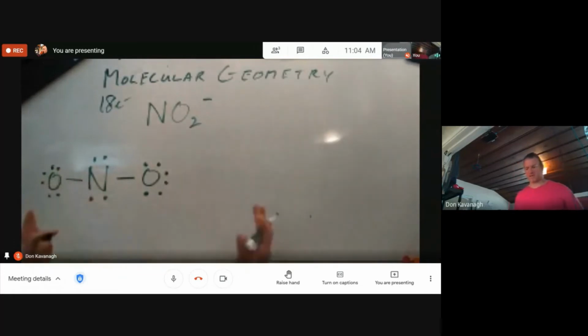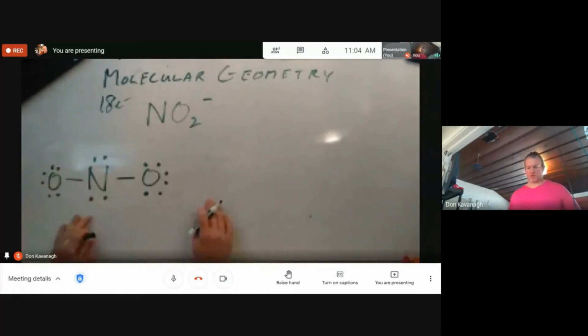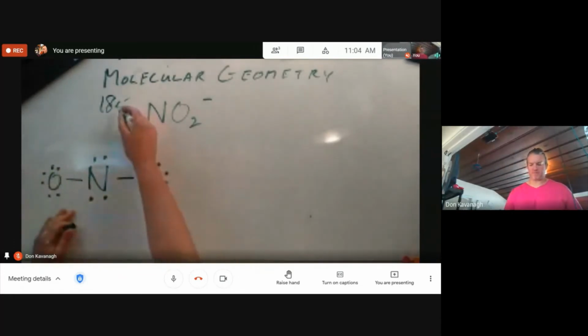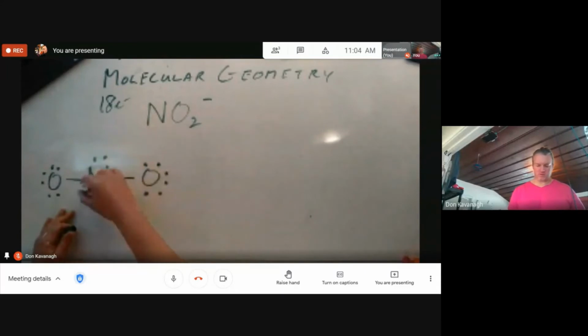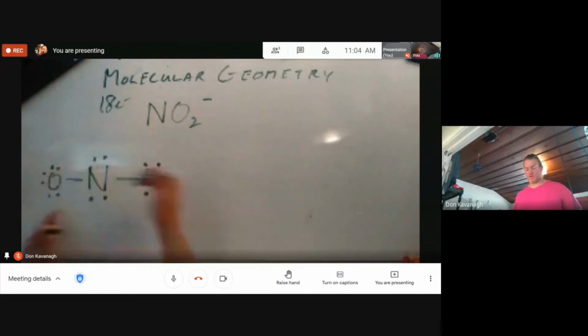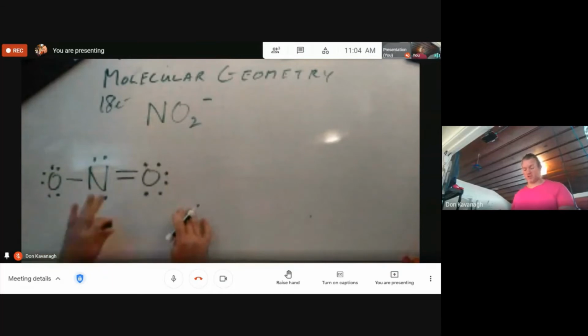So now everybody has an octet. And so now we're going to cycle back up to the first step and see if we have 18 electrons. Okay, so we have too many electrons in here. So we're going to update our prediction and add one more bond. So now our second prediction has 2 bonds over here and 1 bond over here.